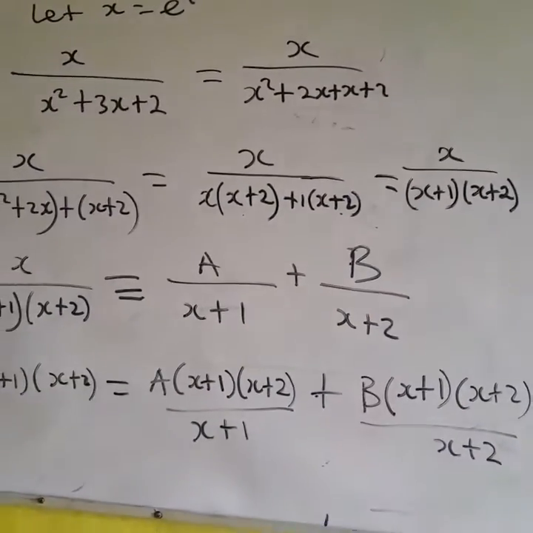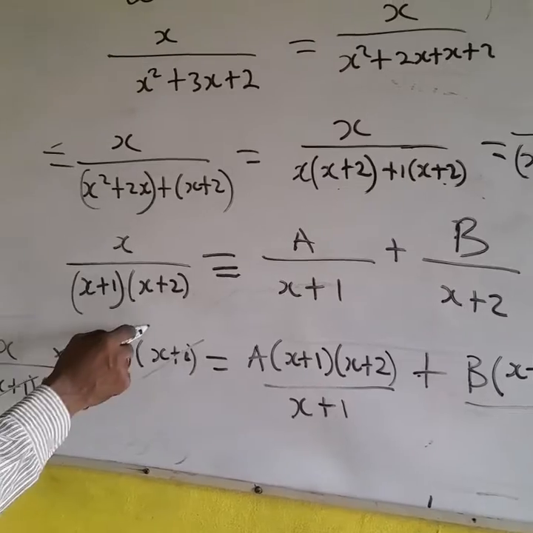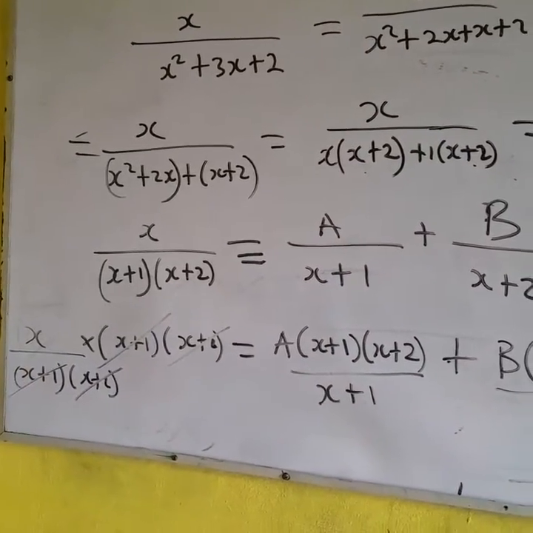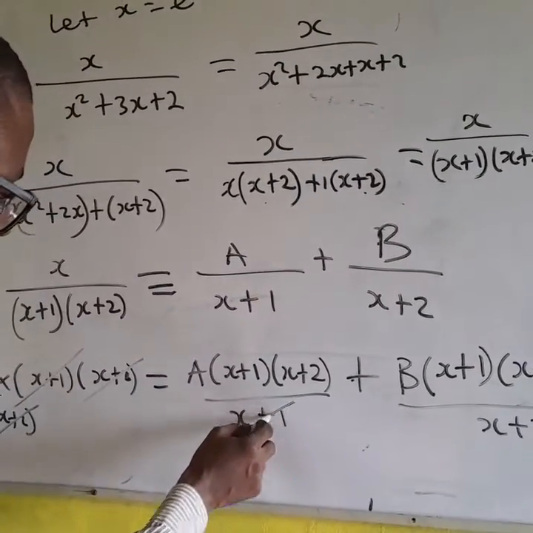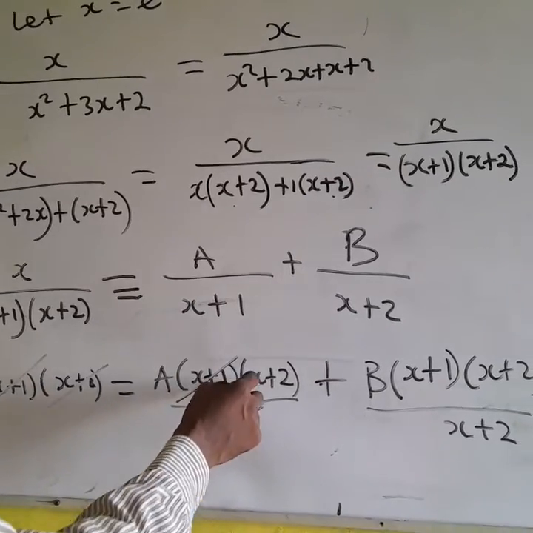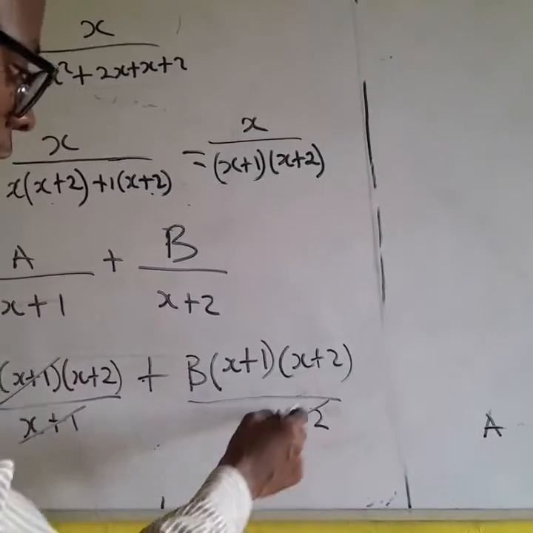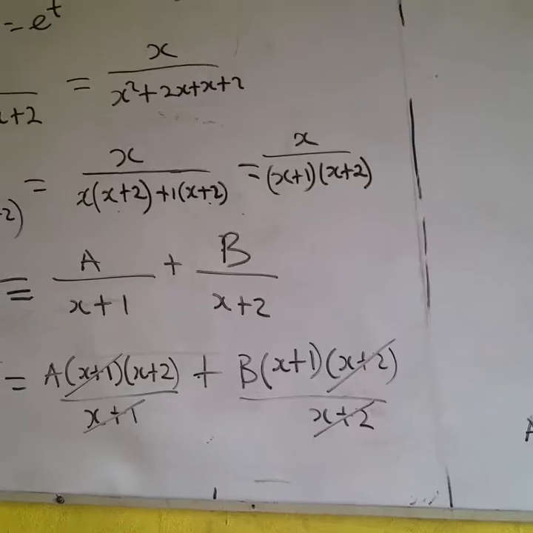Here, this will cancel this, we are left with x. Here, this will cancel this, we are left with x plus 2. Here, this will cancel this, we are left with x plus 1.